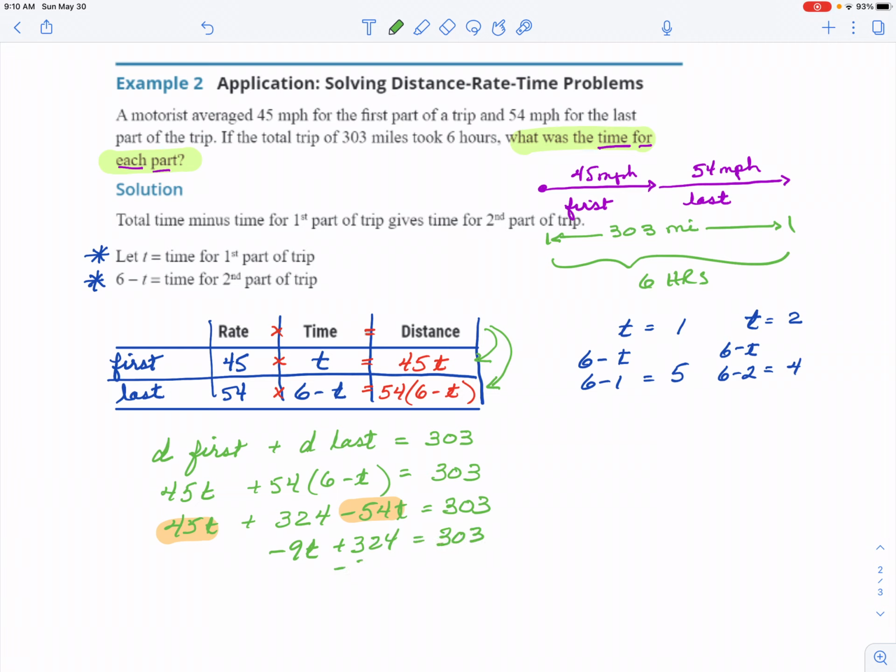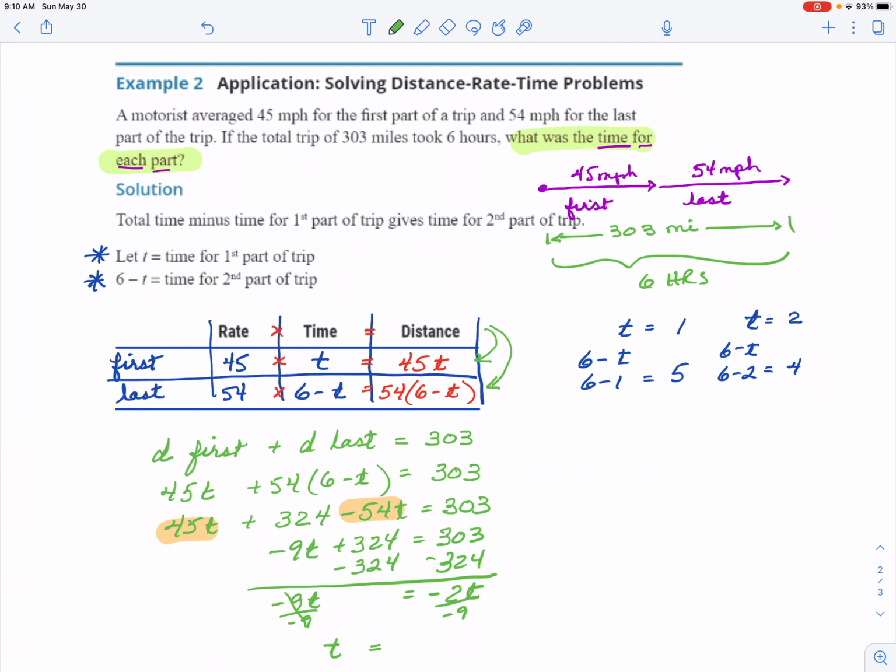And now I'm going to subtract 324 from both sides. And dividing both sides by negative 9. Don't ever divide by the variable there. You want the variable to remain standing.